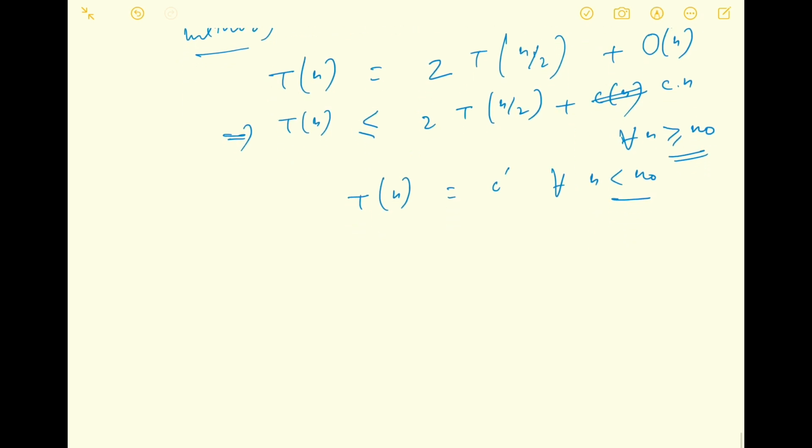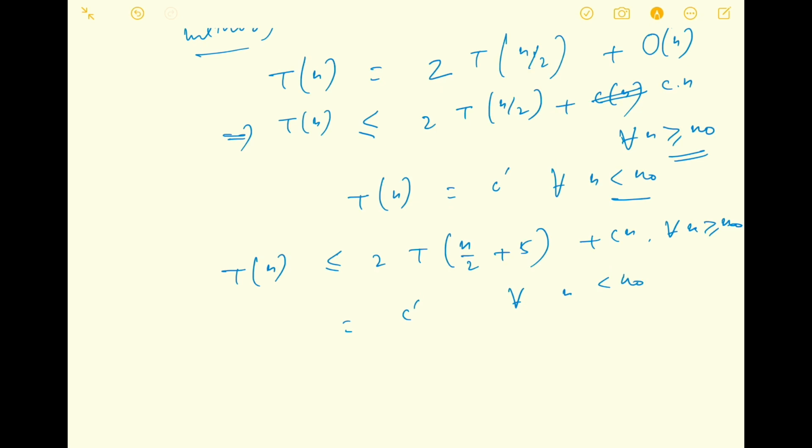Just to make it more interesting, since we have already seen that it looks like big O of n log n, let's solve for this one: Tn less than or equal to 2 T(n/2) plus 5 plus Cn. We are given this for all n greater than or equal to n naught, and Tn equal to C prime for all n less than n naught.